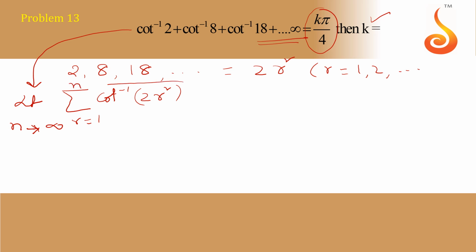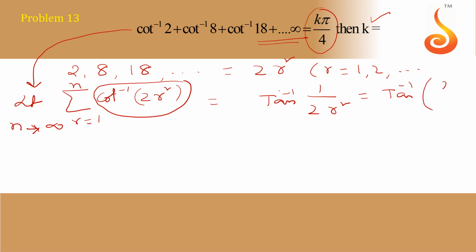So let us observe this now. As 2r square is positive, I can write that as cot inverse; let us convert into tan inverse. Tan inverse 1 by 2r square, which can be written as tan inverse 2 divided by 4r square.